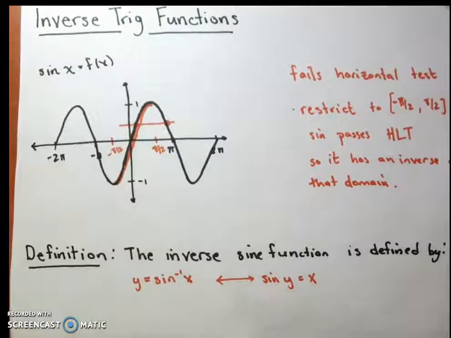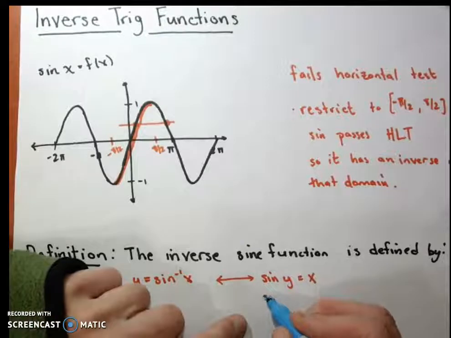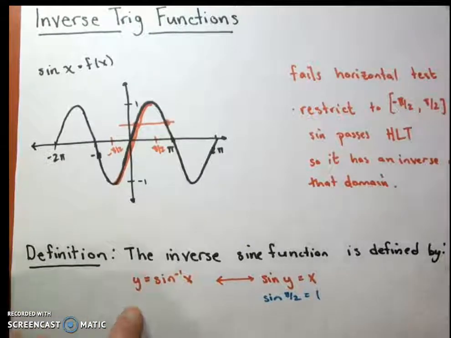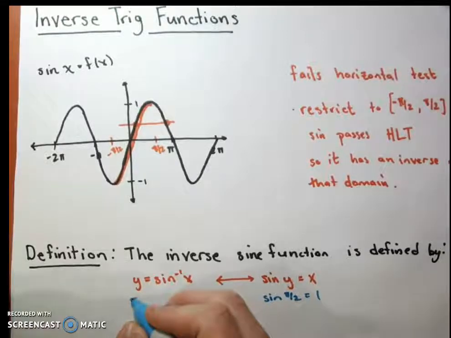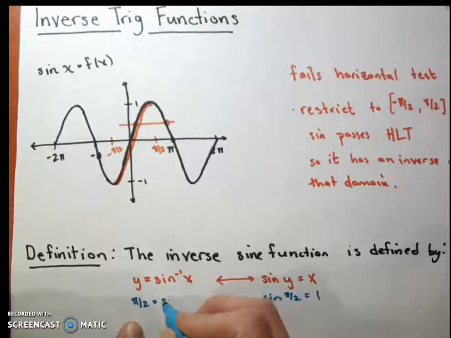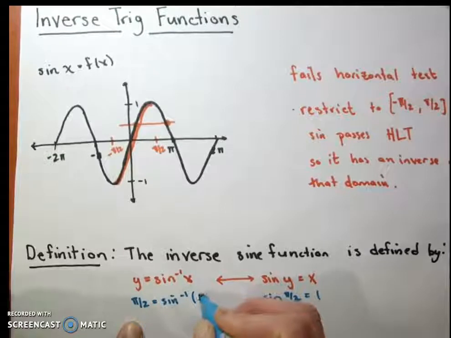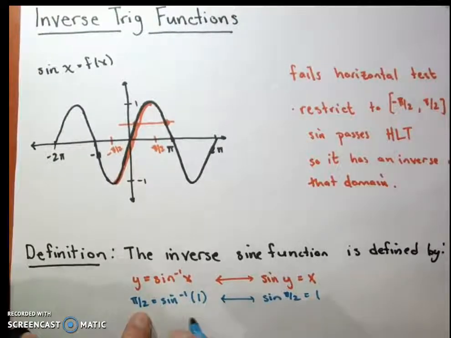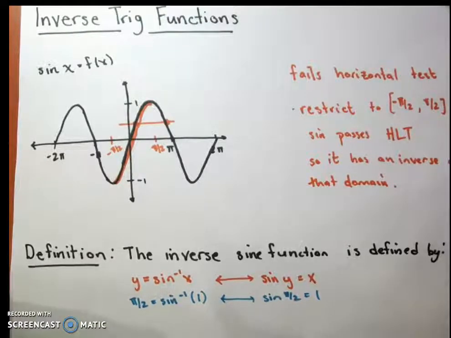Here's an example. Sine of pi over 2 equals 1. So that means on this side, pi over 2 equals sine inverse of 1. I just switched the x and y and changed the sine to a sine inverse.